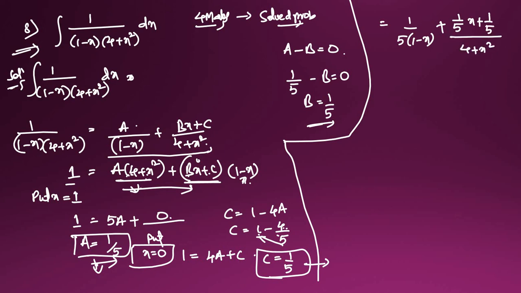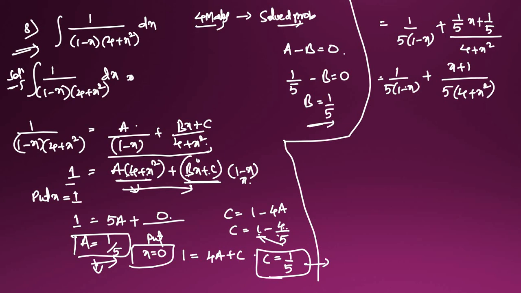So this will come here, 1 by 5 into 1 plus x, 1 minus x, and plus, LCM will come, 5 into 4 plus x square only will come here.